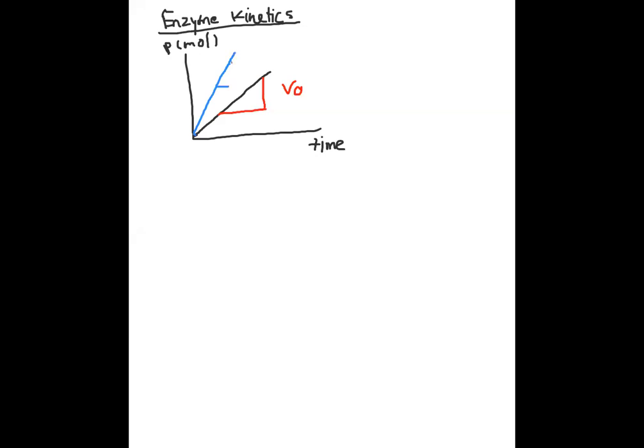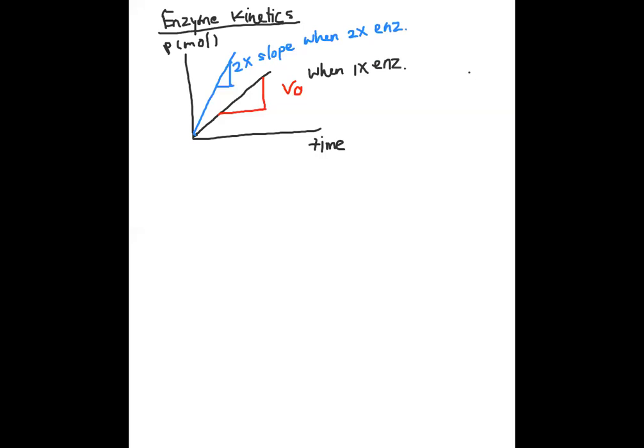So if you calculate the slope for the new graph, it would be 2x faster than the initial one. That is the important point from this graph.